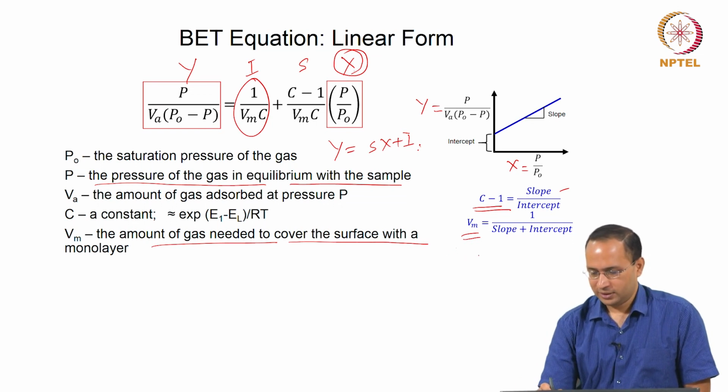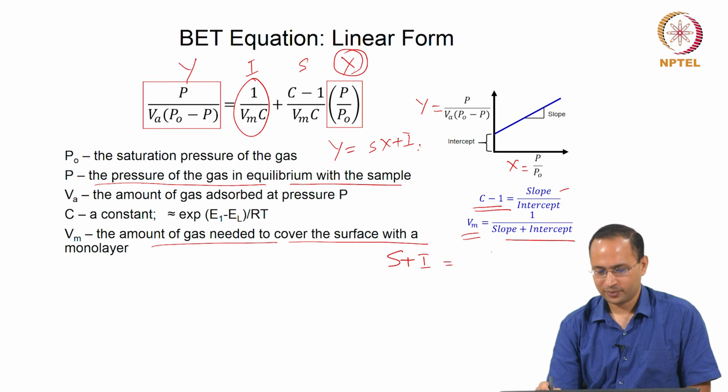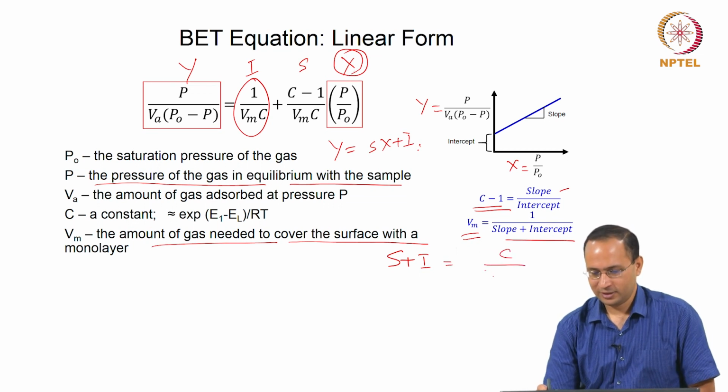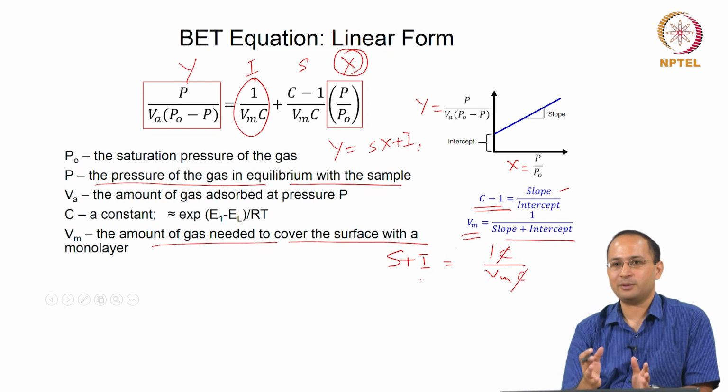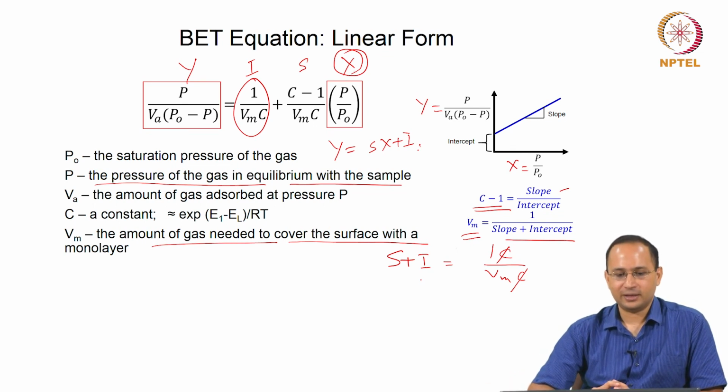Slope plus intercept is equal to C over Vm C, so Vm is 1 over slope plus intercept. If you know slope and intercept, you can calculate Vm and C. We will stop here, start tomorrow, see how we can calculate the surface area, and also look into applications of BET in cement based materials.